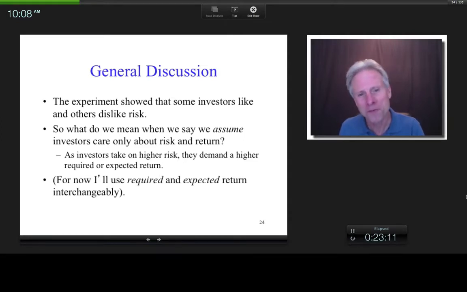And by the way, for now, I'm using the term required return and expected return interchangeably, which is true under a particular circumstance, but we'll get to that later on, actually towards the end of this lecture.